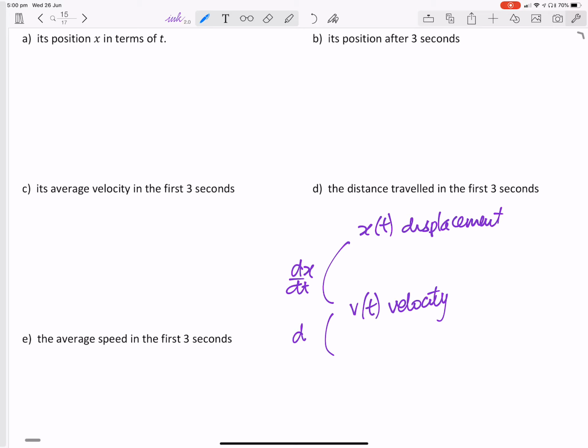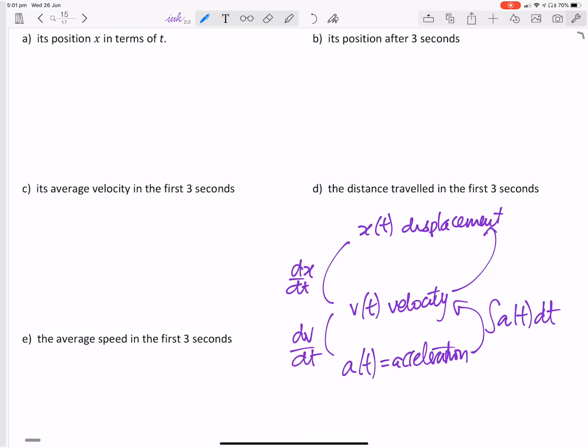And if we derive that, dv dt, that gives us a of t, which is our acceleration. Conversely, if I want to go from acceleration to velocity, we can integrate acceleration and we'll get our velocity. And then if I want to go from my velocity to my displacement, we can integrate our velocity and we will get back to our displacement.